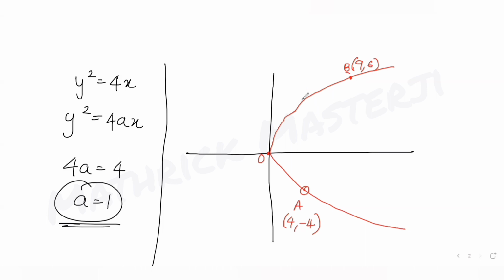So let's take some random point. This is your point C, let's say, which will have the coordinates at square comma 2at. But since we already know a is 1 here, the coordinates turn out to be t square and 2t. So the new coordinates of C, our random point, are (t square, 2t).